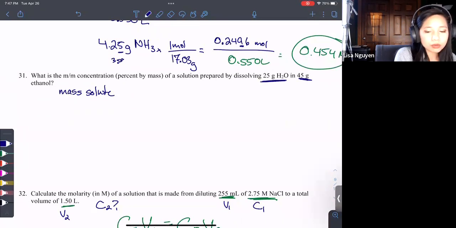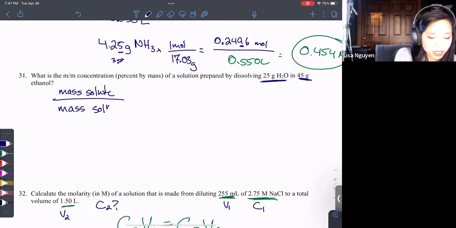So note that the unit here is mass over mass. So we make sure that the units on the numerator and denominator are both mass. I give you masses, so that's good. Mass of your solute, and then you want to divide that by the mass of your solution and multiply by 100 to make it a percent.